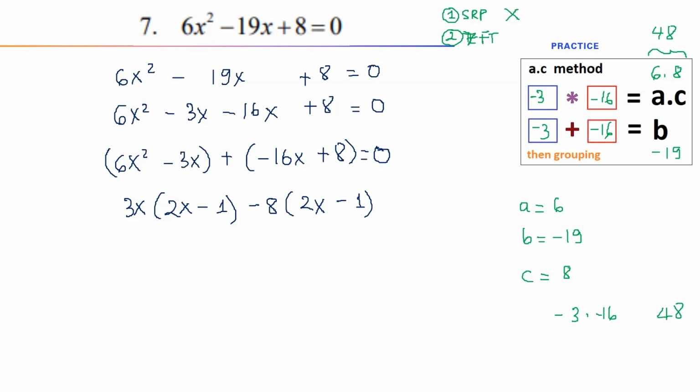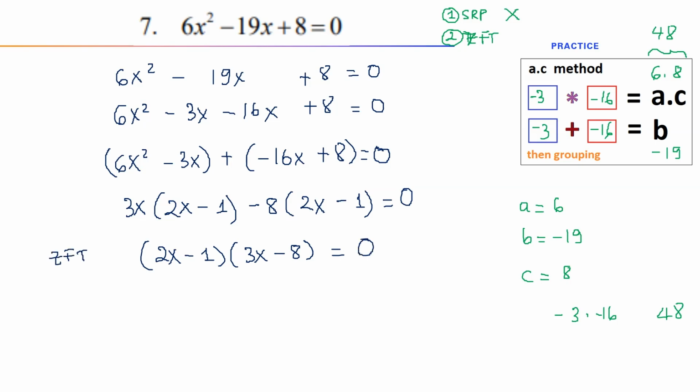Negative 8 times 2x is negative 16x. Negative 8 times negative 1 is 8. The common factor now is 2x minus 1. Left over for the first one is 3x, the second one is negative 8, equals 0.